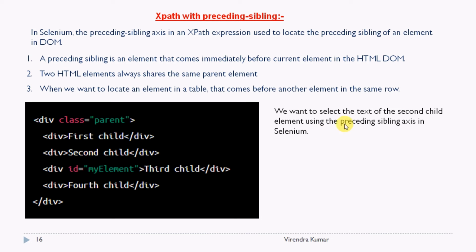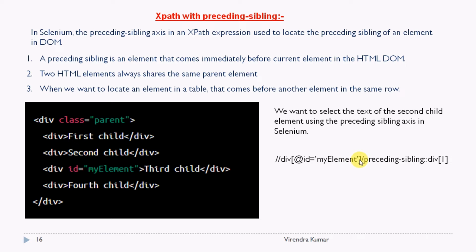Now in this example, here are my conditions. I want to select the text of the second child, the element text, using the preceding sibling axis in Selenium. How can I write that? This is the answer: /div, in brackets @id my element.